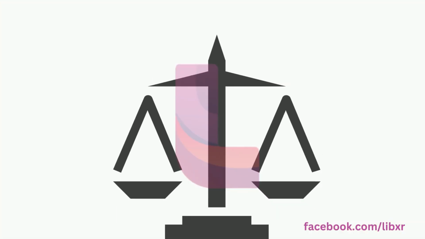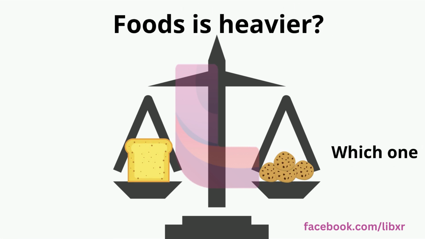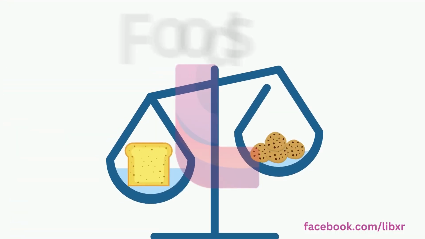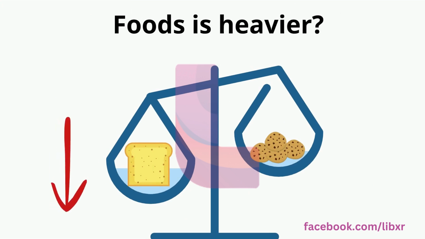Suppose we put 4 cookies in the right pan of the weighing scale and a big loaf of bread in the left pan, which one of these foods is heavier? Since the left pan went downward while the right pan went upward, it means the bread is heavier than the cookies. Or we can say the cookies are lighter than the bread.